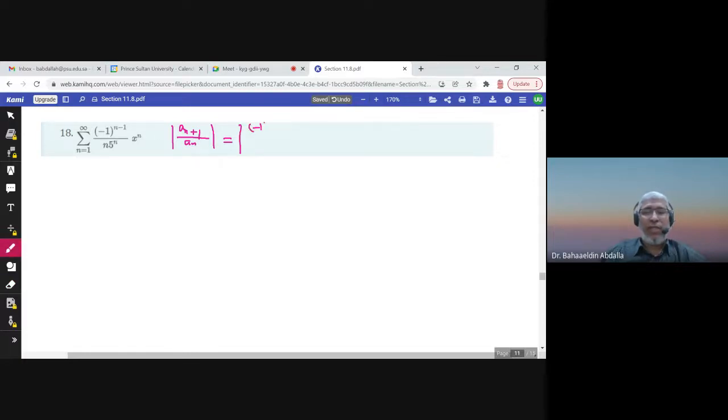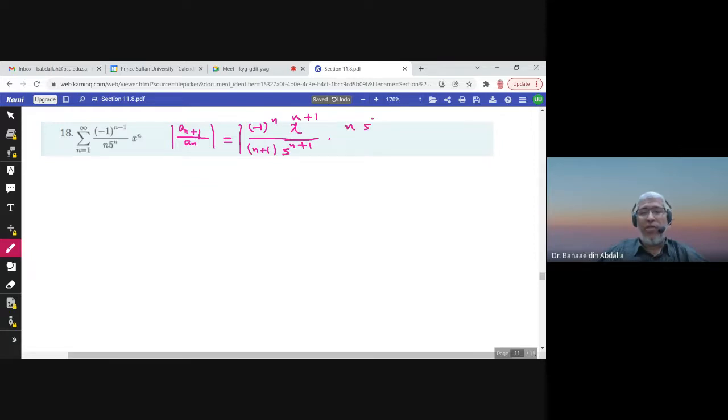-1, if you replace n by n plus 1, you will have n plus 1 minus 1, so I'll have n. And x to the power n is in the numerator, so I'm going to write it here and write x to the power n plus 1, multiplied by the reciprocal of a_n.